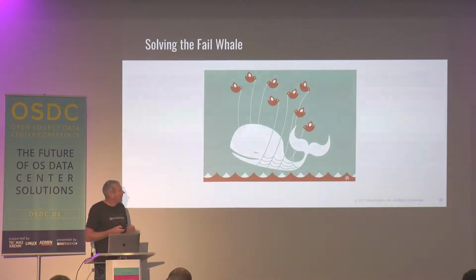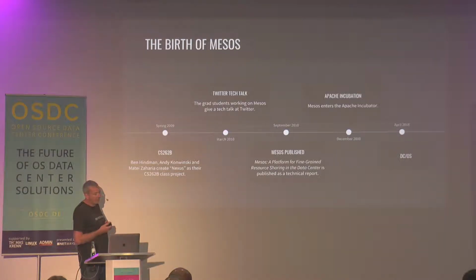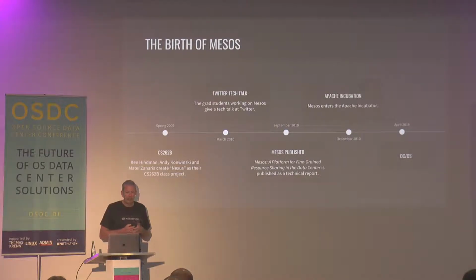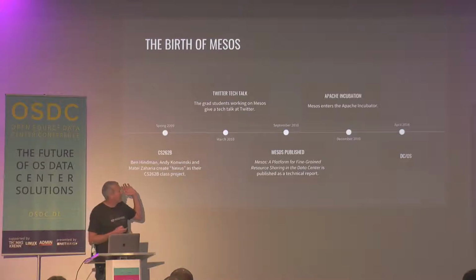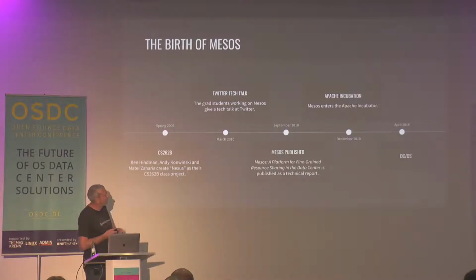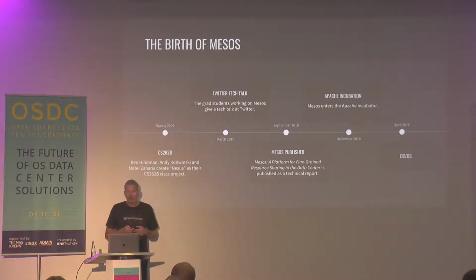And so Twitter eventually decided to implement Mesos, and really that's why you don't see that fail whale anymore. That research group then published a pretty famous distributed systems paper about Mesos, and Mesos then went into the Apache Foundation as an Apache project.